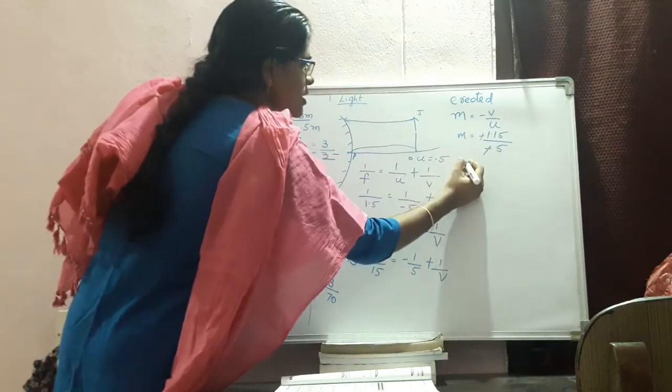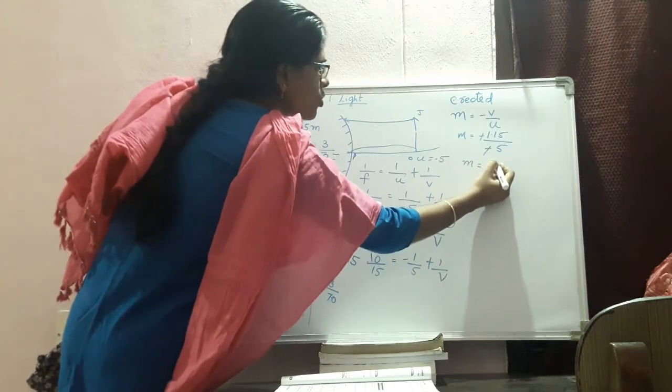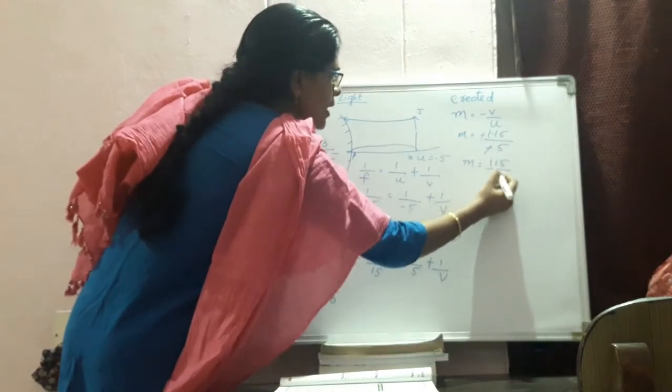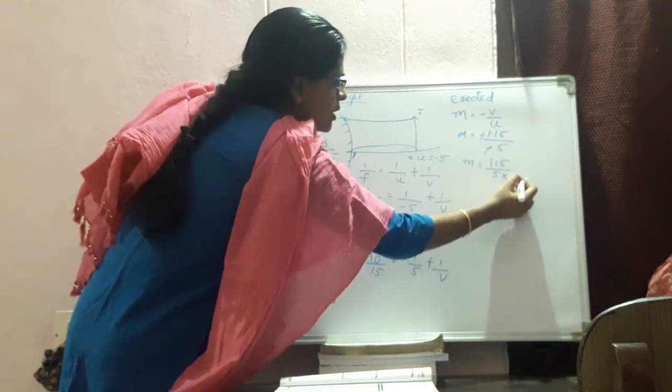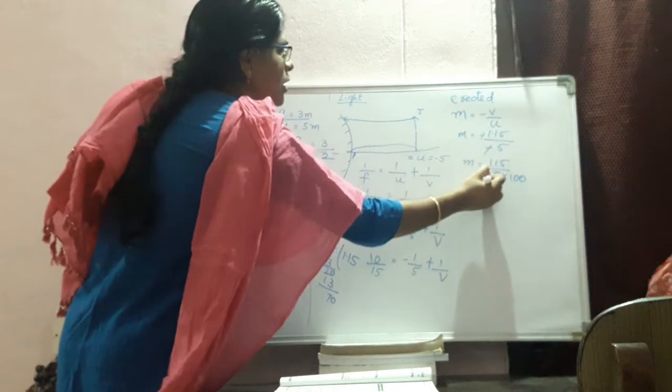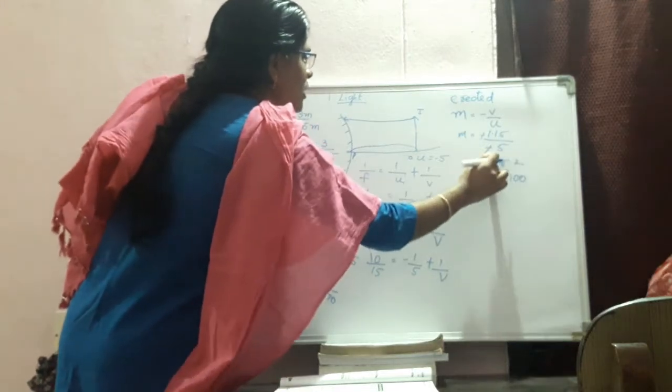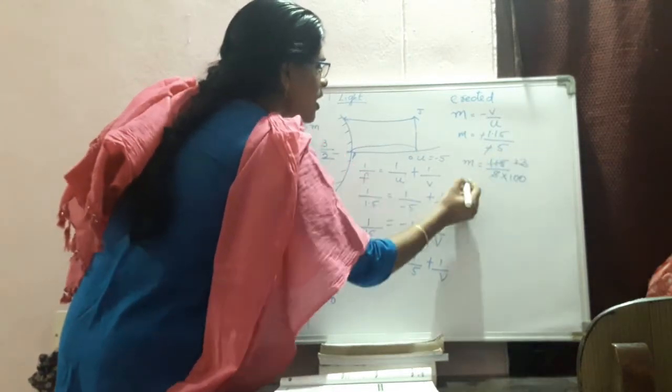Minus minus cancels. M equal to 115 by 5 into, I am removing the decimal, into 100. 5 twos are 10, 5 threes are 15.